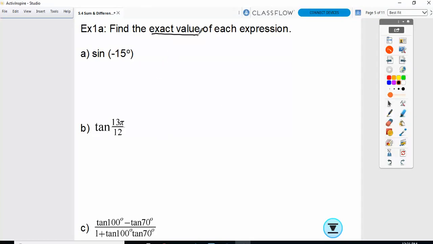Finding the exact value, so exact value means radicals, no decimals, for each of these things. So if I said the sine of negative 15 degrees, how would I rewrite negative 15? 30 degrees and 45 degrees.